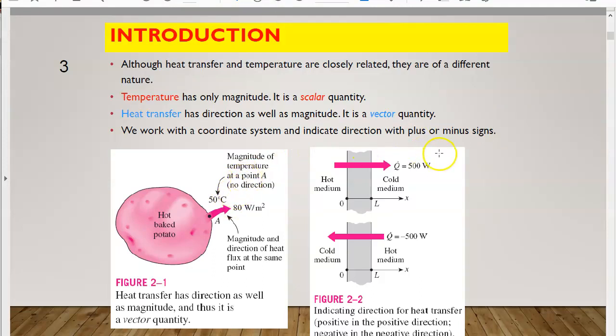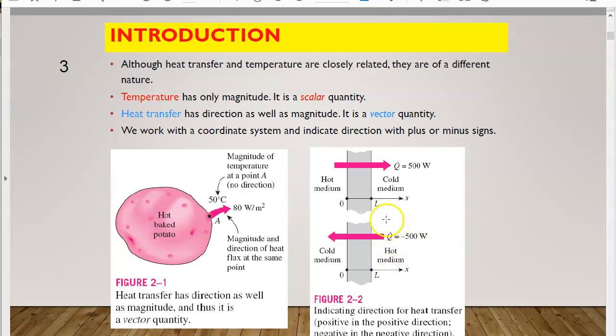Then here we indicate the direction of heat transfer, positive and negative direction. Here we have a hot medium and a cold medium. So Q is positive, meaning Q is being transferred from the hot to the cold medium. This is the correct way of heat transfer, from hot to cold, which is Q dot equal to 500 watts. L is the thickness, or x. And then here we have minus Q dot equal to minus 500 watts.